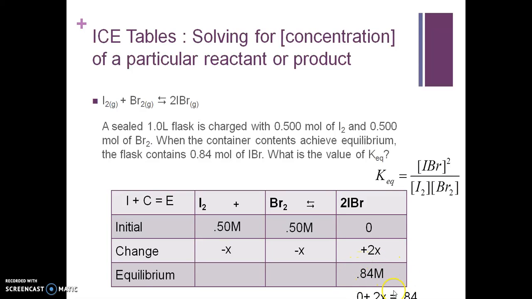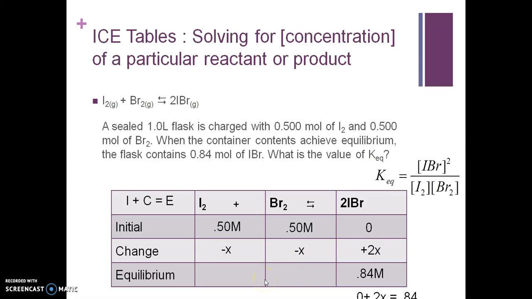So I'm going to solve that out for X, and I get X, or the change that's occurring in my chemical equilibrium, is 0.42. Every time I go back and forth, I'm going to change by 0.42 for my X. Alright?